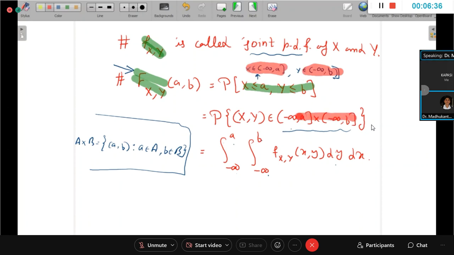Together, (X, Y) lies in the following set, where this cross is the Cartesian product: the first element is from the first set and the second element from the second set. This is your C now, and you can put the limits: minus infinity to a for x and minus infinity to b for y.